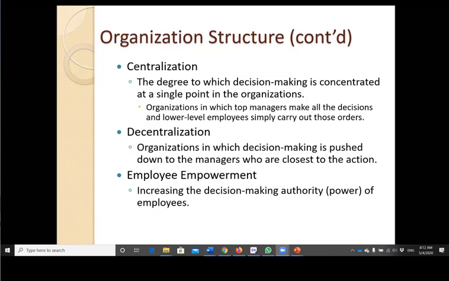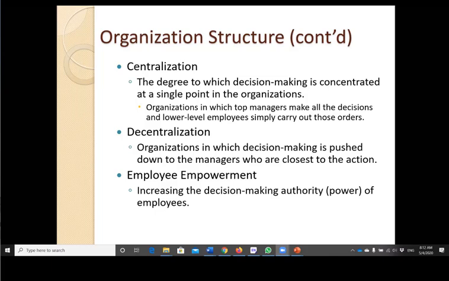Centralization and decentralization refer to the decision-making process. It will be decided by whether you let the employees be involved in the process or not.